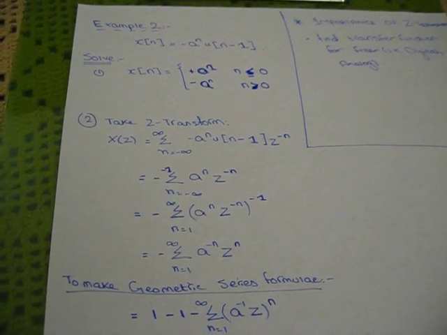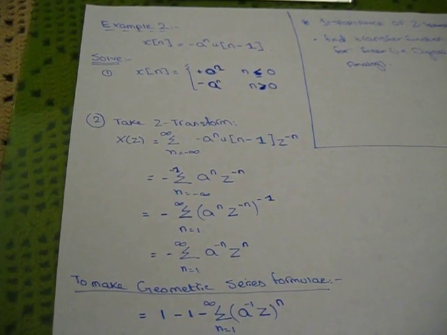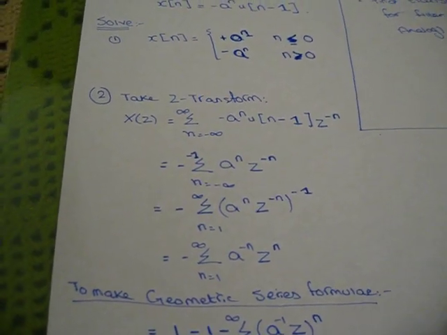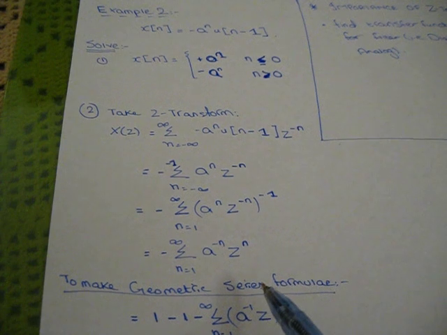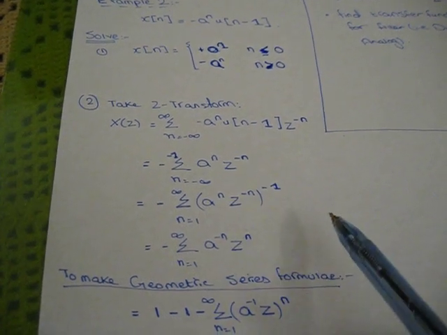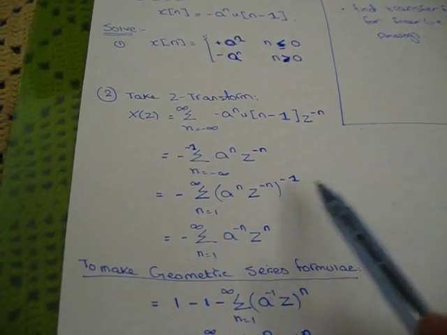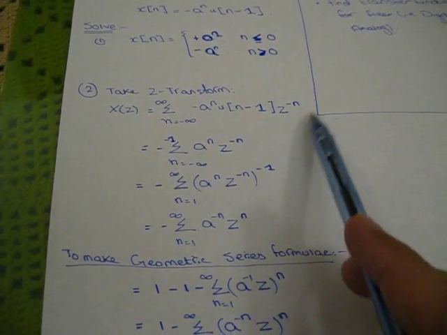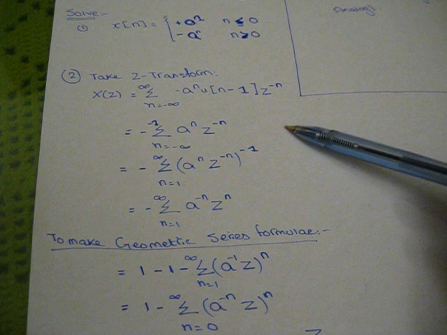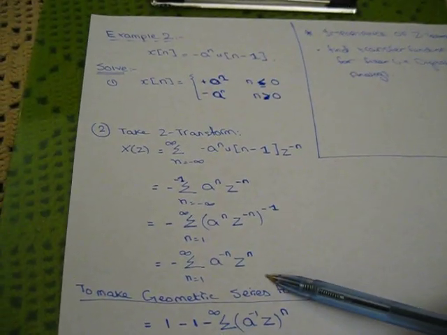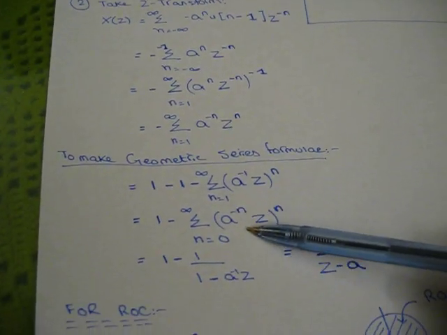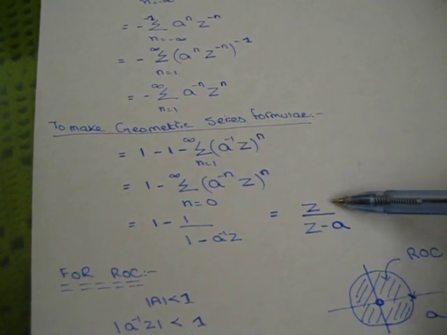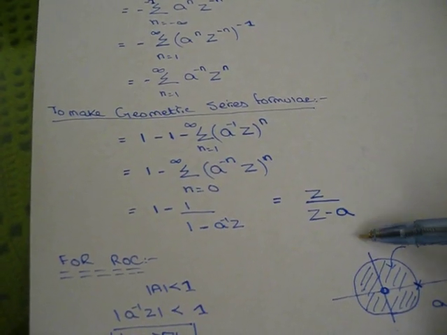X of n we will get equal to minus a raised to the power n for n less than or equal to 0, and 0 otherwise. After applying the whole procedure of Z transform, what will be the final result? Final result will be Z over Z minus A.